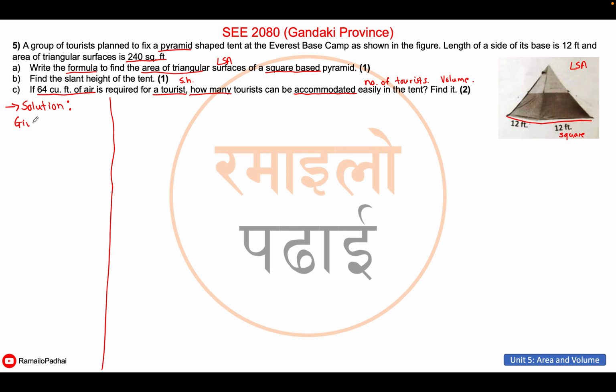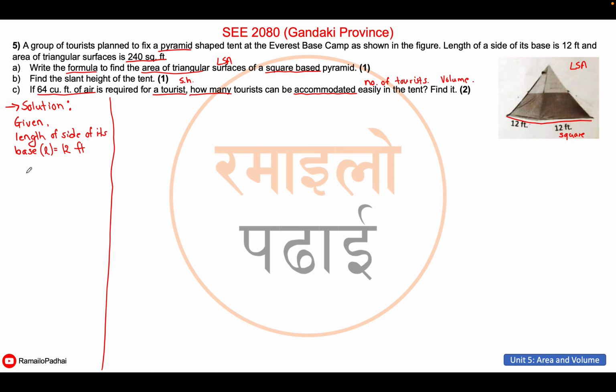Given, what are given to us? The length of side of its base, that is L, is equal to 12 feet.